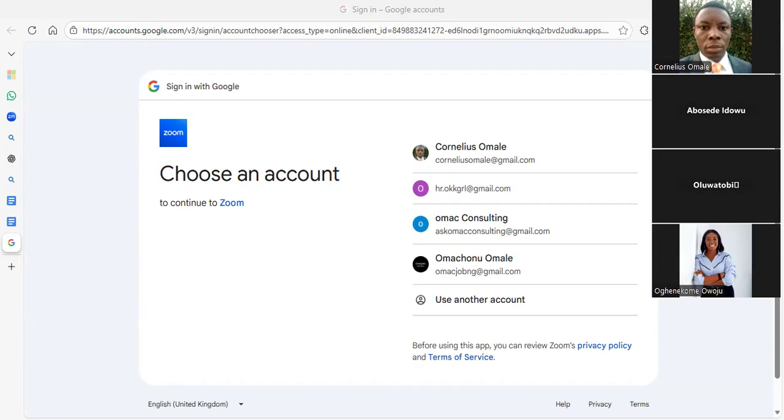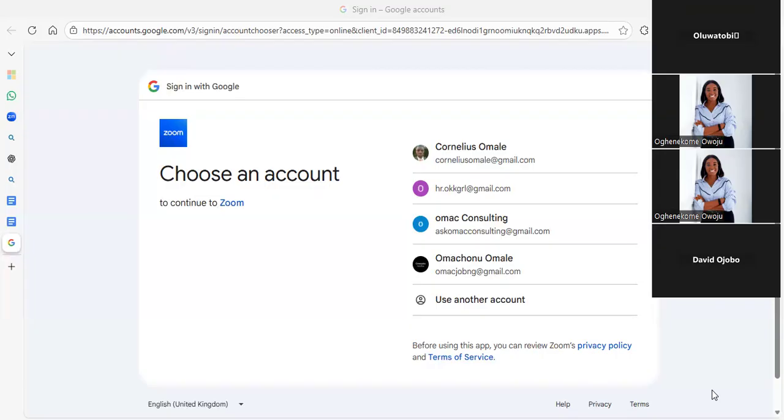Please confirm that I can see the meeting link in the chat box, please. Okay, Abose, they say you can see it. Toby, can you see it? Kome, can you see it?